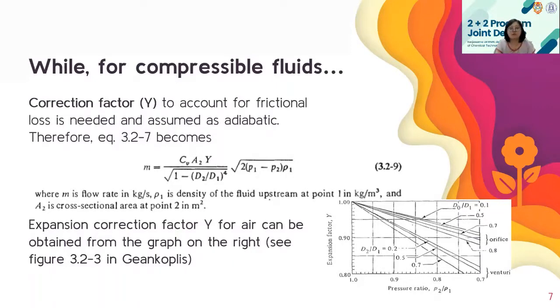Now, for the compressible fluid, there is a correction factor. We call it Y. It is to account for the frictional loss and to convert the system to adiabatic, because we have to assume that the process is adiabatic so that it can be calculated easily.